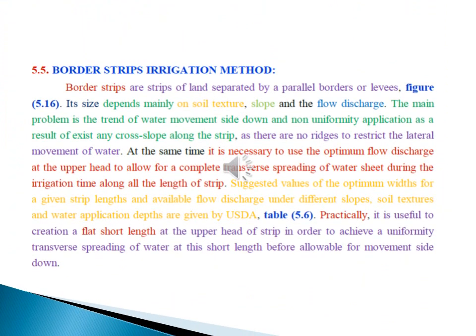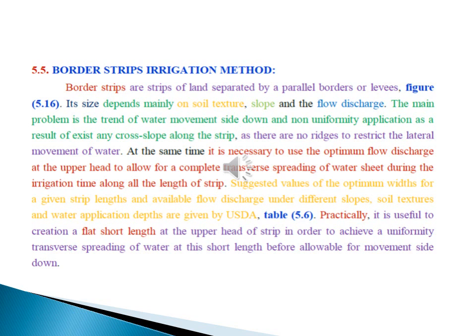Border strips are strips of land separated by parallel borders or levees. Their size depends mainly on soil texture, slope, and the flow discharge. The main problem is the tendency of water moving sideways down and non-uniform application as a result of any cross slope along the strip, as there are no ridges to restrict the lateral movement of water.